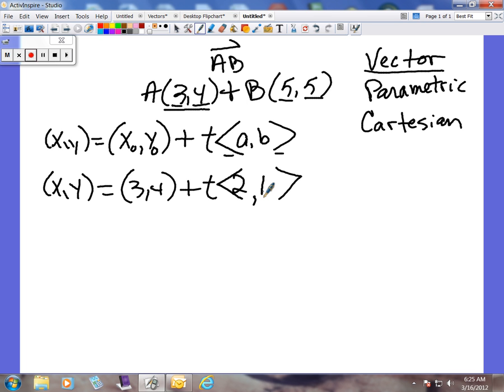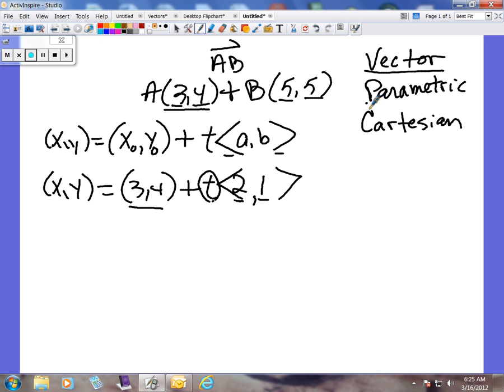So in this case, we're going right 2, up 1, every unit of time. We're starting at 3, 4, going right 2, up 1, every unit of time. Could be every second, every minute, who knows? Whatever the problem indicates or whatever the situation you're in. But this is how we write the vector equation.